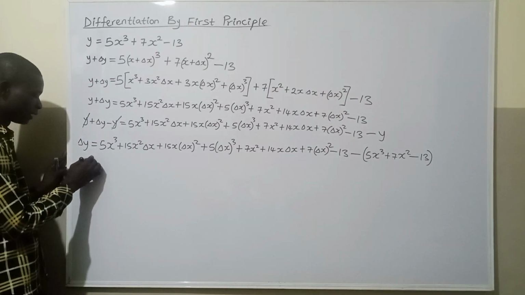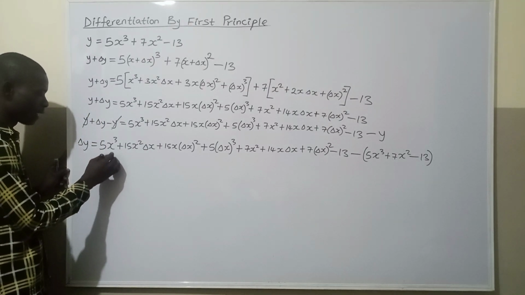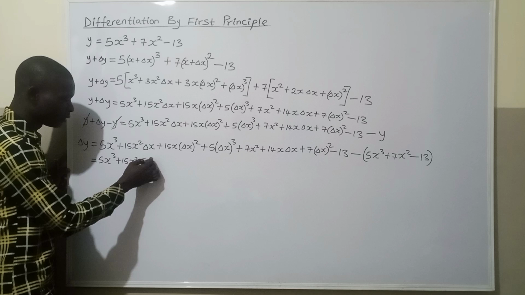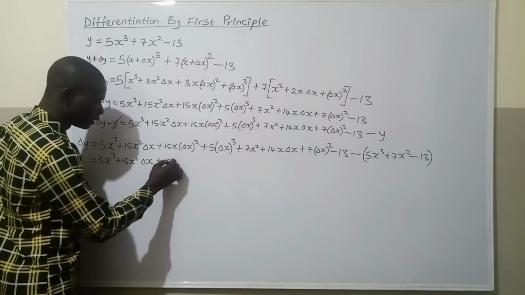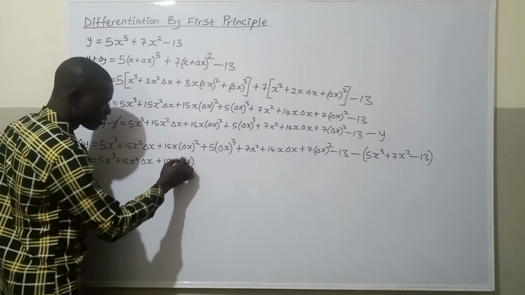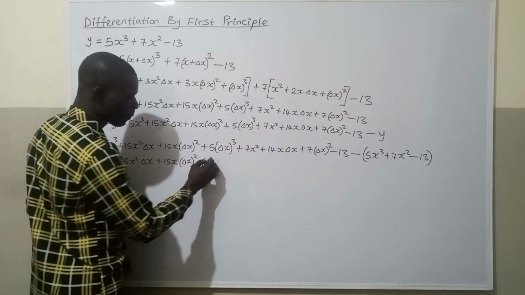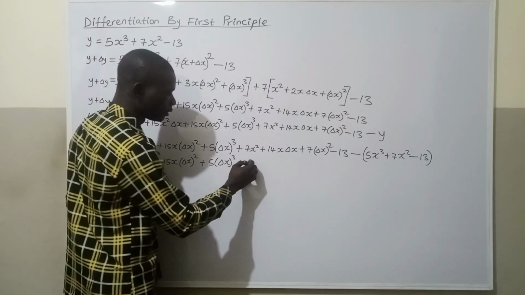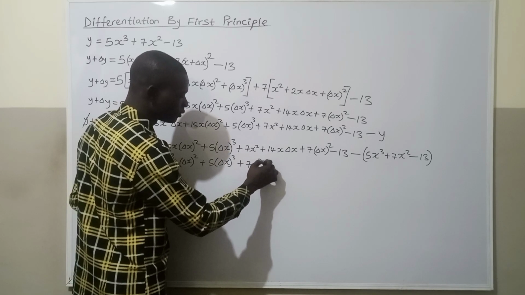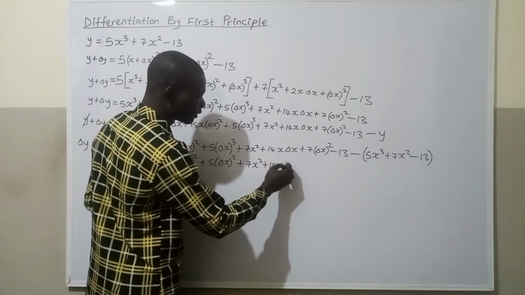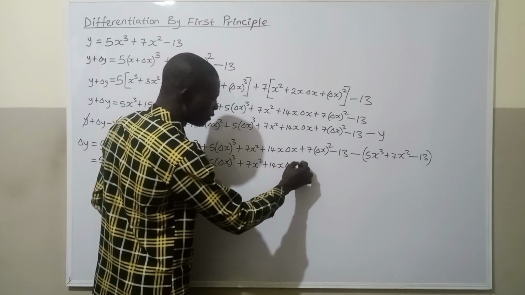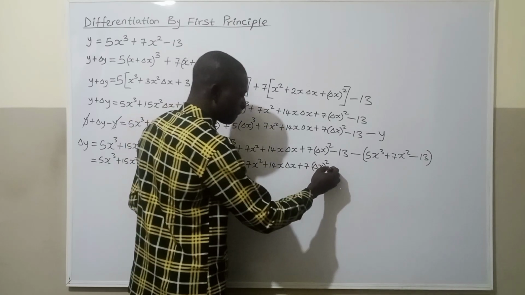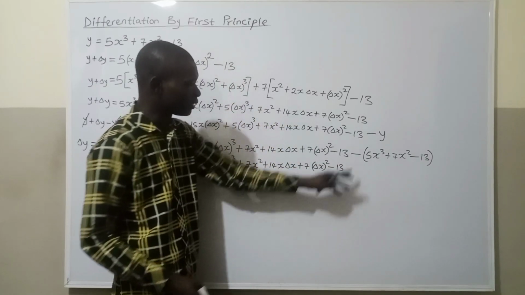So we'll be having that to be equal to 5x cubed plus 15x squared delta x plus 15x delta x squared plus 5 delta x cubed plus 7x squared plus 14x delta x plus 7 delta x squared minus 13. Okay, so the next thing is to open this bracket.